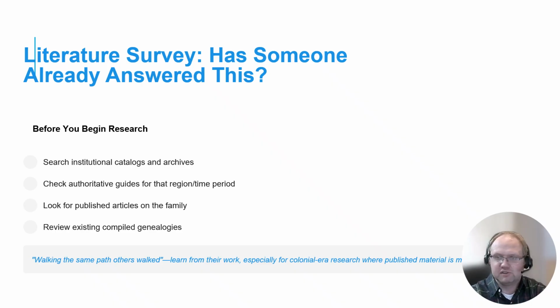Then you'll look for published articles: genealogy journals, society publications, specialized periodicals. I did mention the NGSQ, the National Genealogical Society Quarterly, and the New England Historical and Genealogical Register. Those are excellent places.